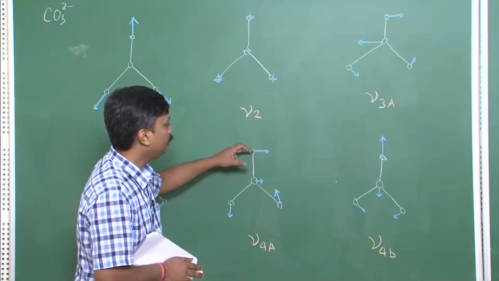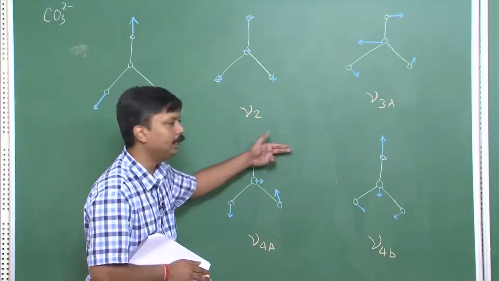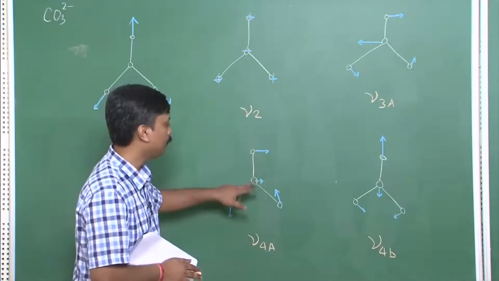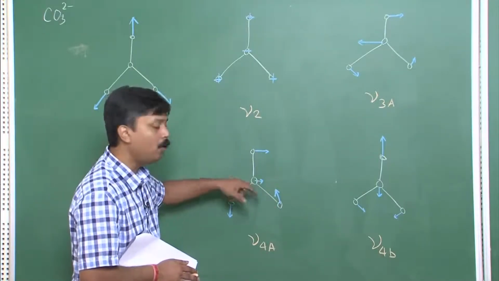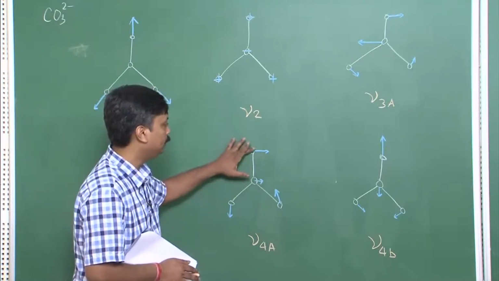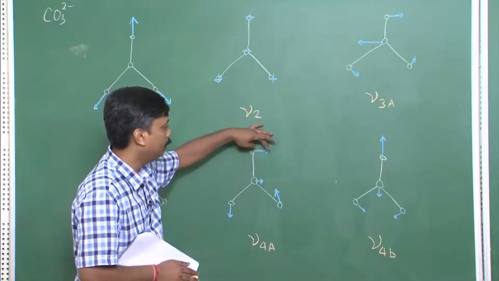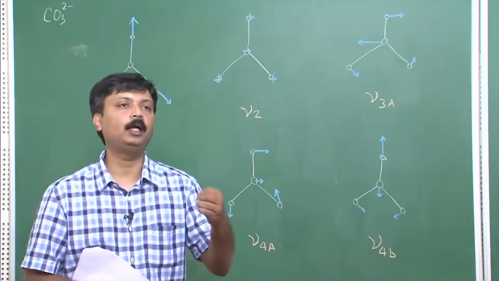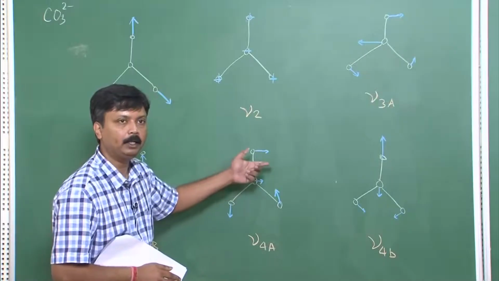This means that this oxygen is moving in this direction without worrying about what is happening to the rest of the molecule, while this carbon is also moving in this direction, but the amount of movement by this atom and this atom are not equal, and the ratio of these lengths is the ratio of the amount of movement that the two individual atoms are making in a particular direction.